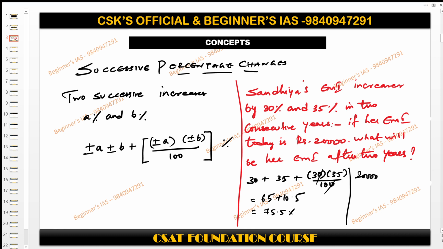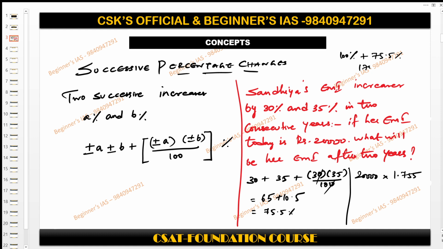So this is 20,000 into 1.755. Why 1.755? 100 percentage is already there, that is 20,000, plus this much increase, 75.5 percentage.